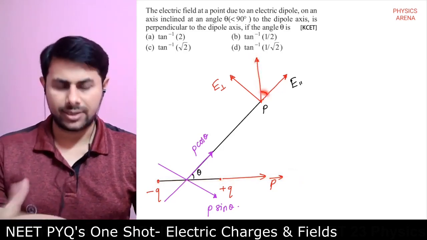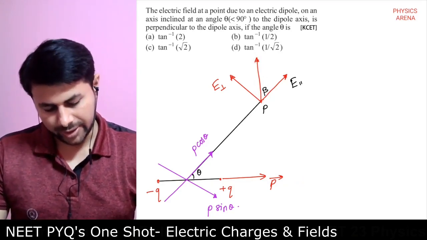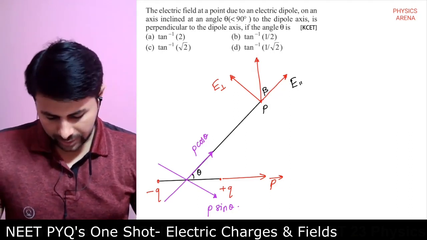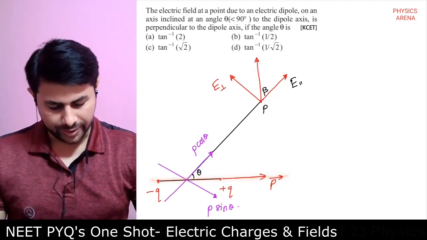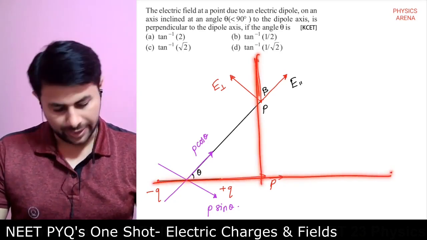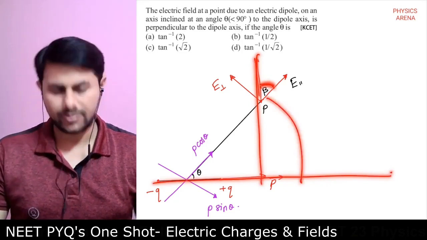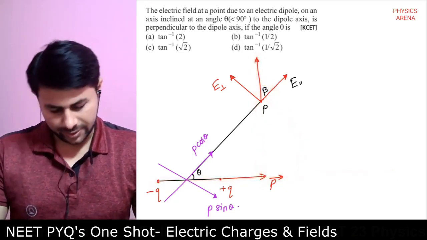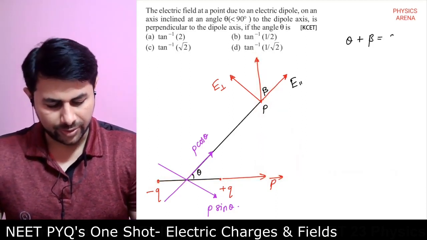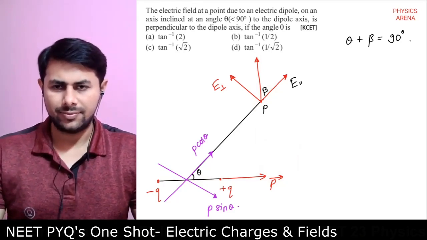So suppose this angle is theta, suppose this is beta or something. So if this is perpendicular to this, that means this angle plus this angle is how much? 90 degrees. Okay. So theta plus beta is equal to 90 degrees. Right?